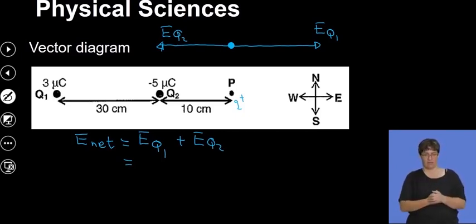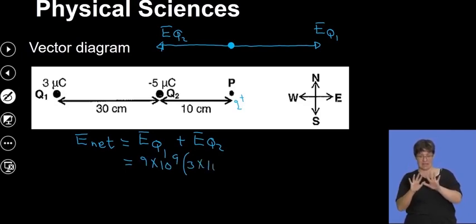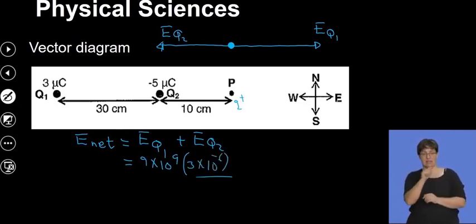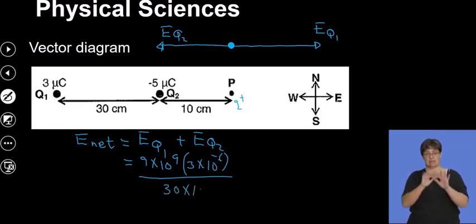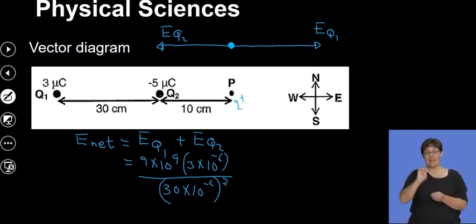We can go straight and say 9 times 10 exponent 9, that's the K, multiplied by 3 times 10 exponent negative 6, that's the microcoulomb, divided by 30 times 10 exponent negative 2, okay? We square that distance, right? Plus, but the plus here is for the sum. But then E due to Q2 is westwards, which is negative for the direction, okay?